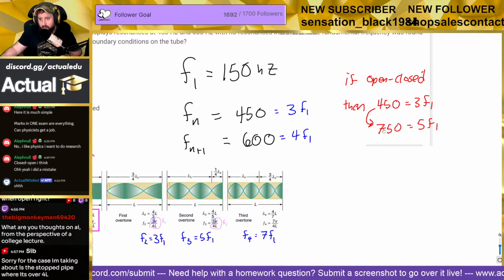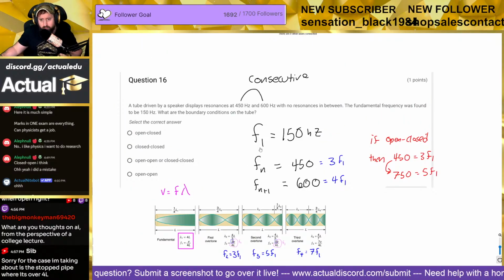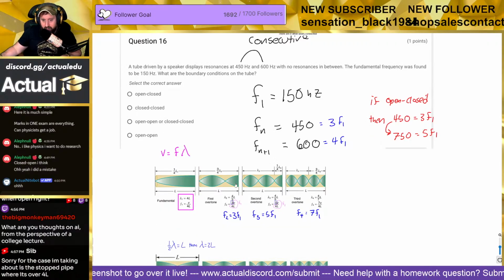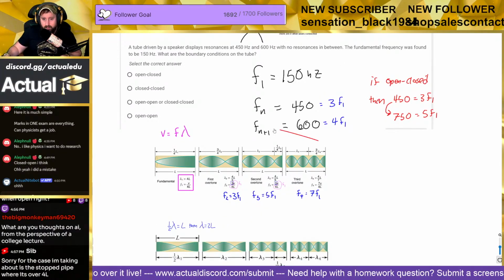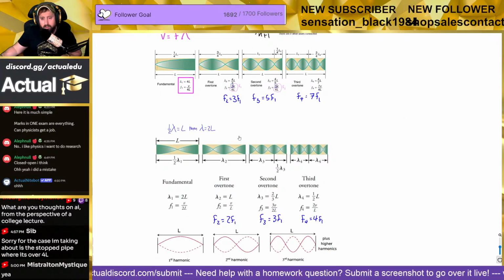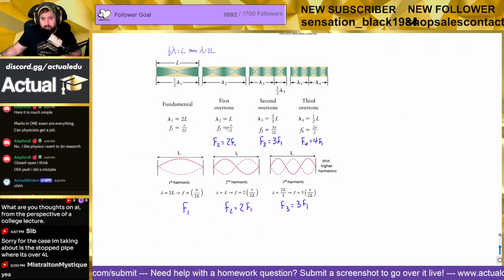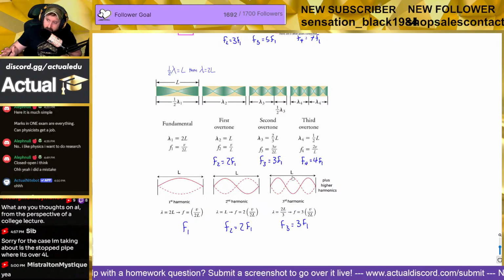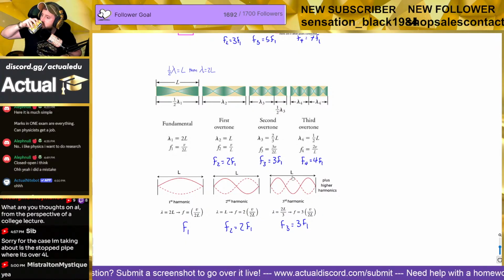This would be the next harmonic. Does that make sense, Mistral? And Amelia? Does that make a little bit more sense with the resonances? The number one thing I can tell you guys is try to really study these and understand where they come from. The 3 cases: open closed, open, and closed. If you understand how the wavelengths fit and the patterns, that'll help you out a lot.